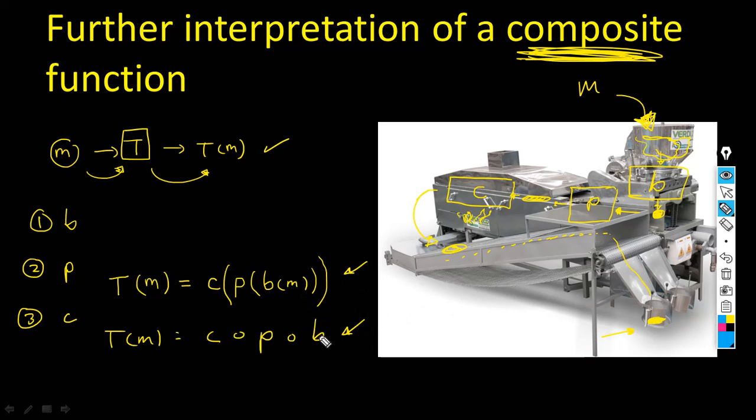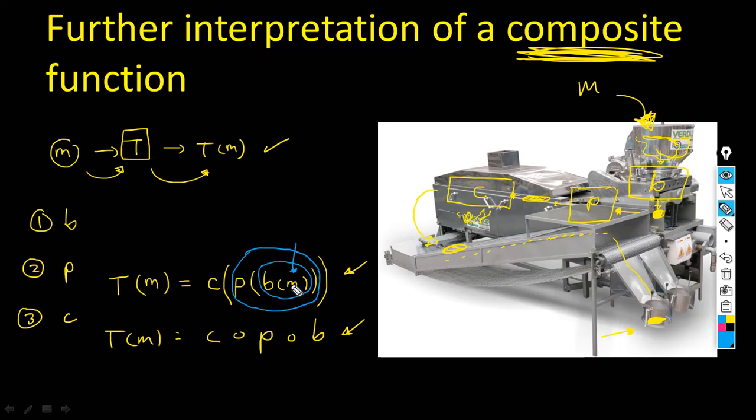First, we put to work the machine or the function B. We give a piece of mass to the machine B, and the machine B will produce a ball. And all of this thing that I'm circling, that's the ball. That is the final product of the machine B. Now, this ball, you're going to give it to P. You're going to evaluate P in that ball of mass, and what P is going to produce is a pressed ball of mass, the flat disk, which I'm circling right now.